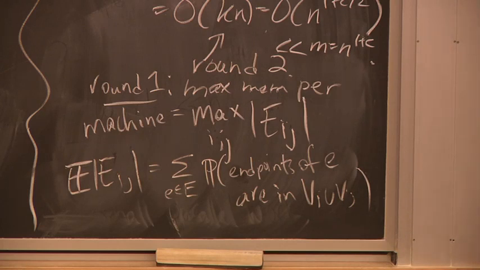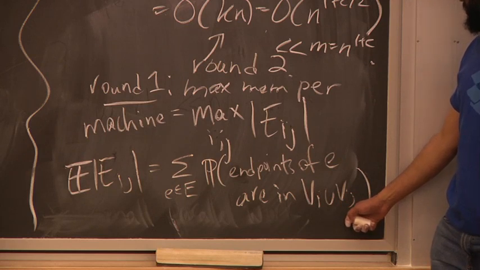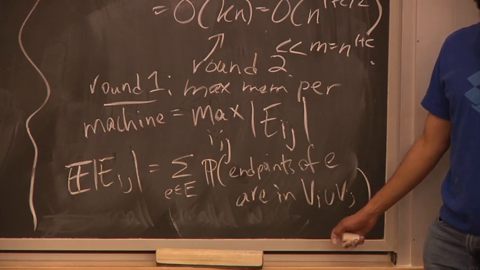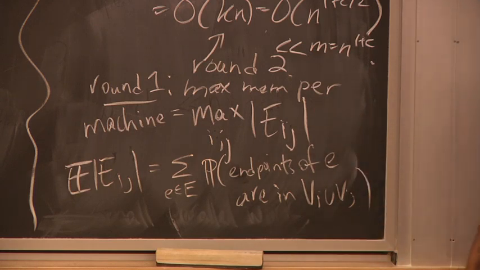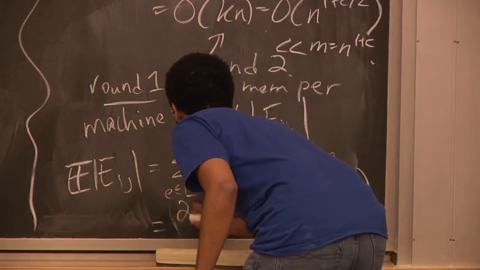But the probability of being in Vi union Vj is something like 2 over k, I guess. The probability that you hash to i is 1 over k, so the probability that you hash to either i or j is 2 over k. So this whole thing is equal to 2m over k.